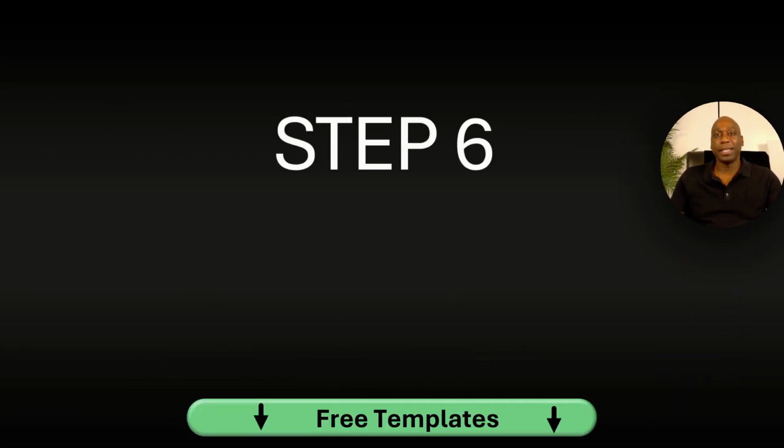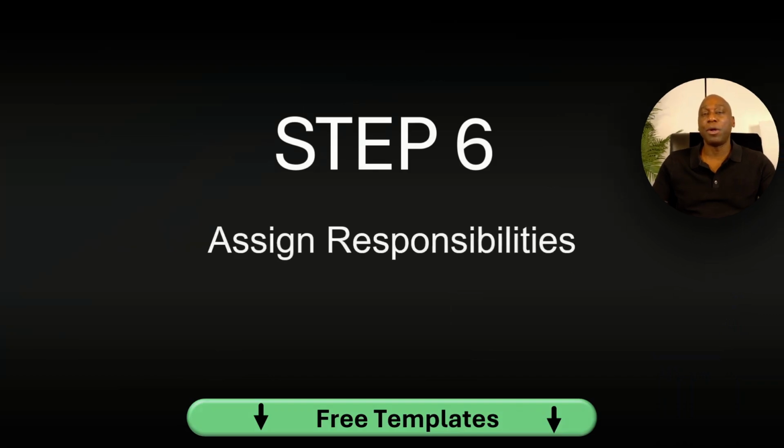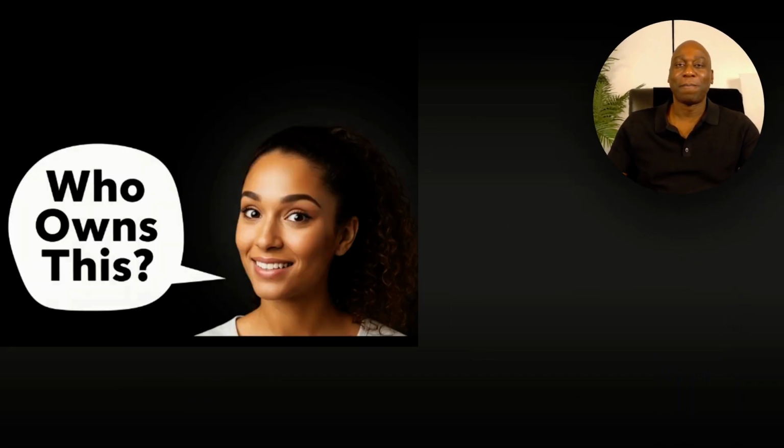And that brings us to step number 6. For step number 6, you will want to assign responsibilities. One thing that I normally tell clients that I am doing organizational change management for is this: if you don't assign responsibility, then no one takes ownership.